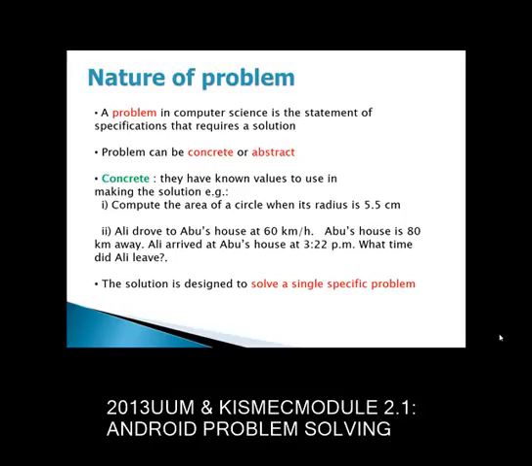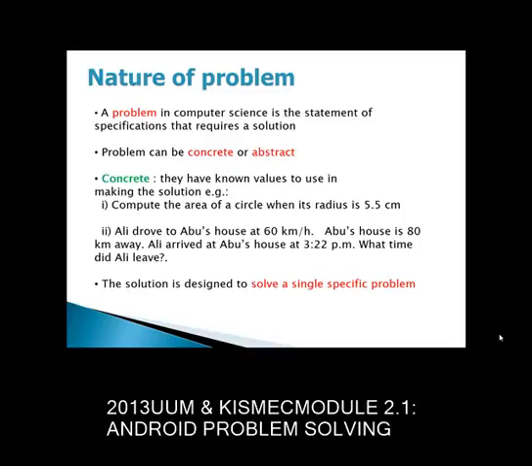With a concrete problem, the value is known, it is given, the value is concrete. For example, what is the diameter of the moon, or when we have a football, the diameter or the radius of the ball.